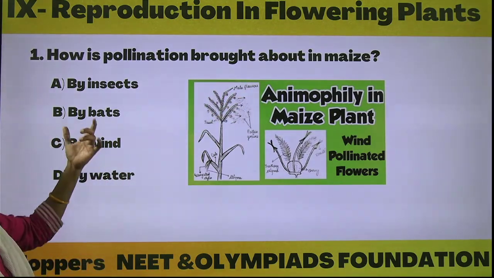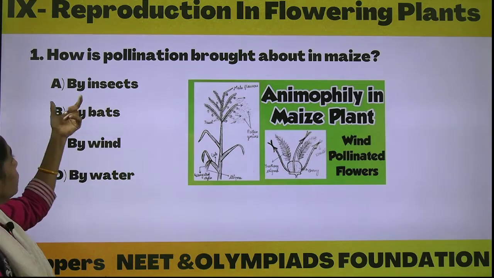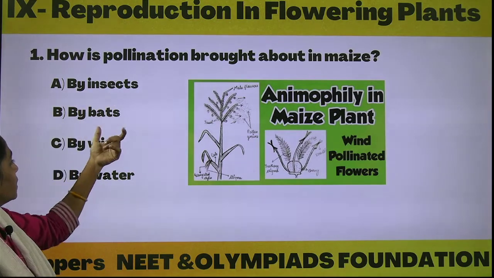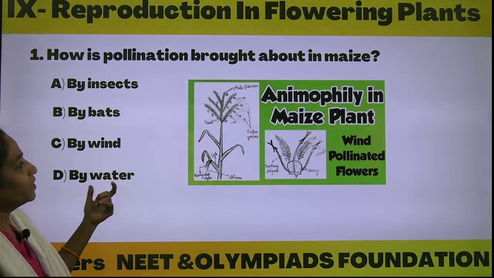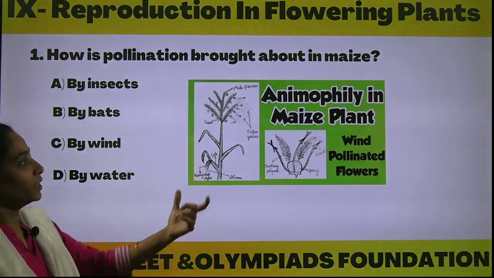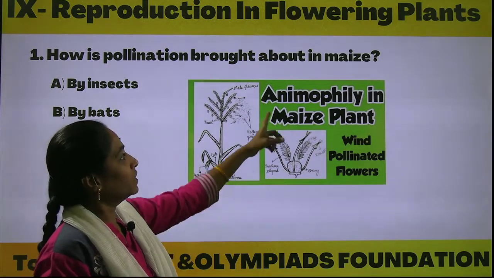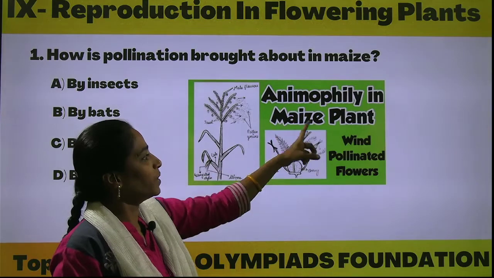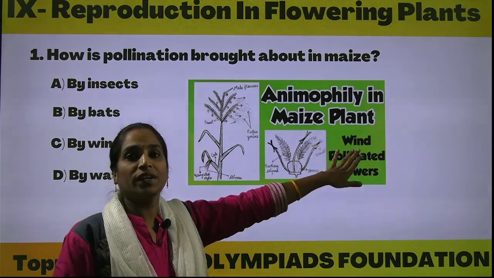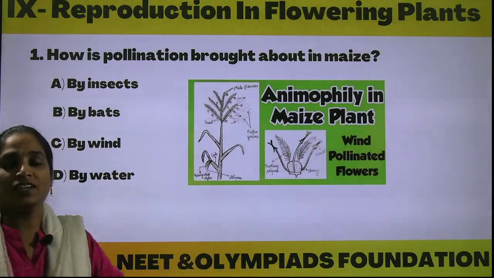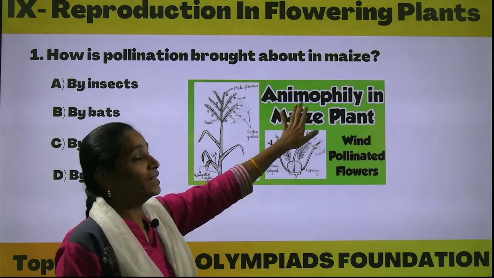So he is asking what are the agents, right? By the insects, by the bats, by the wind or by the water. The image itself indicates it's anemophily in the maize plant, through the wind. The pollination which is occurring through the wind is called anemophily.